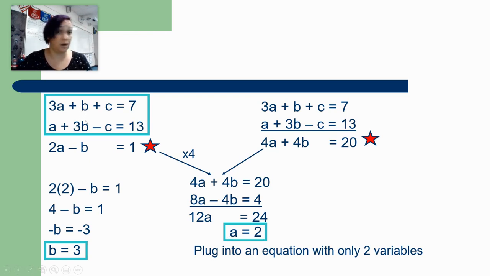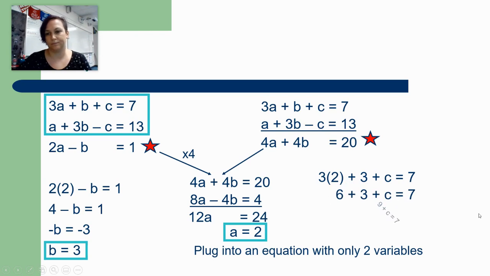It really does not matter. I chose the first equation because there were no negative signs in it. That was my reasoning behind it, but it doesn't matter which one you choose. So I plugged in a 2 for my letter A, and I plugged in a 3 for my letter B, and then I'm left with only the letter C, which is what I'm going to solve for next. And I get C equals -2.